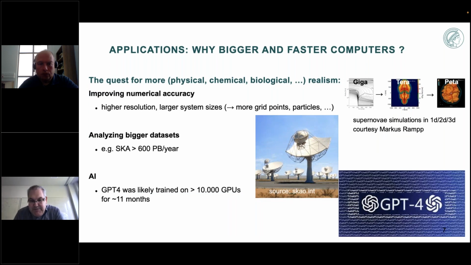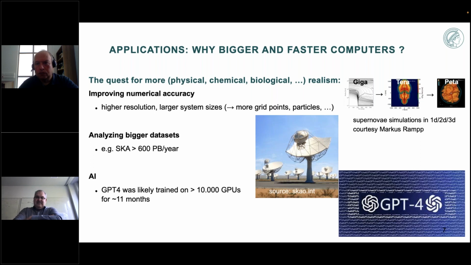Well, the big thing clearly is we want to get more realism, right, in whatever domain we are. And that very often means improving the numerical accuracy, meaning higher resolution that leads to larger system sizes, meaning you have more grid points in the CFD simulations, more particles, whatever.